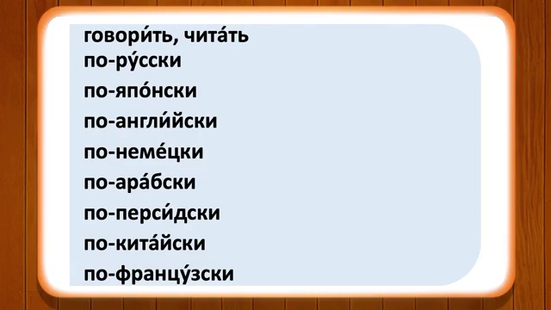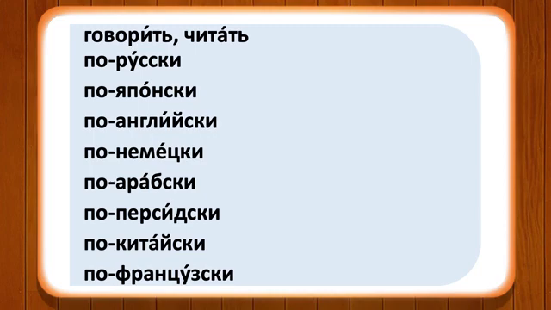Учить японский язык, но читать по-японски. Знать английский язык, но говорить по-английски. Учить немецкий язык, но читать по-немецки. Изучать арабский язык, но говорить по-арабски. So these are different forms which you will use with these corresponding verbs.